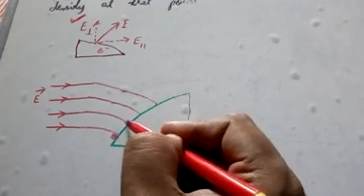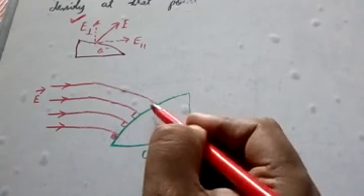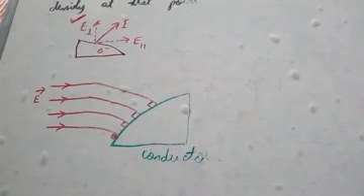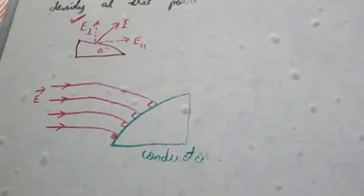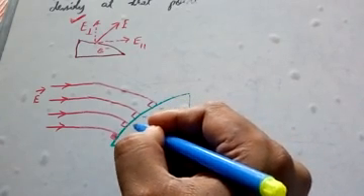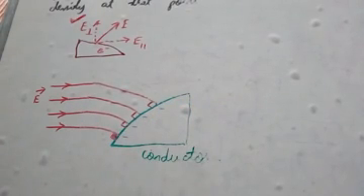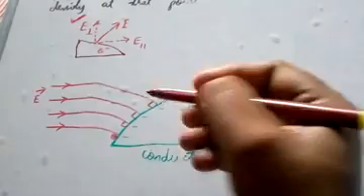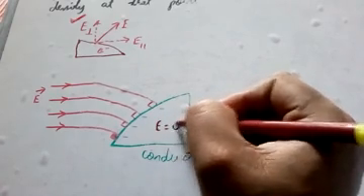There is a right angle everywhere. We know the electric field starts from positive and ends at negative, so this part must have negative charges, or by induction it will become negative. Now what will be the electric field inside the conductor? It will be 0.